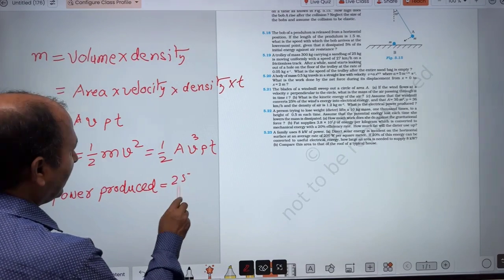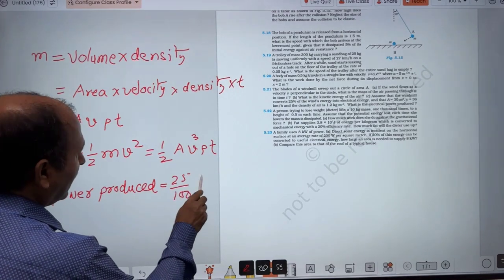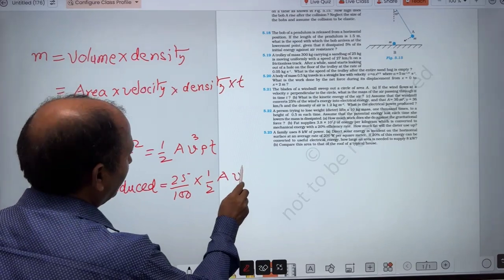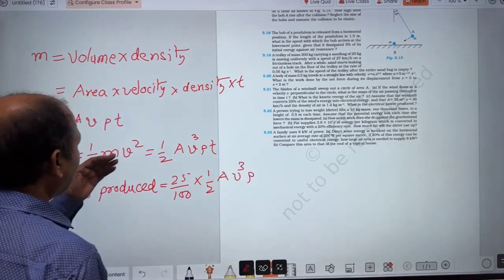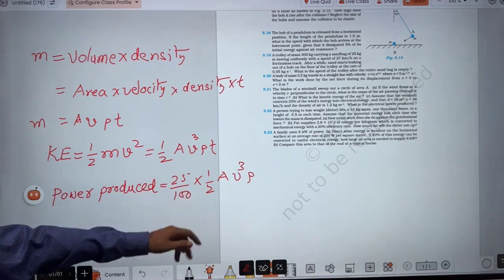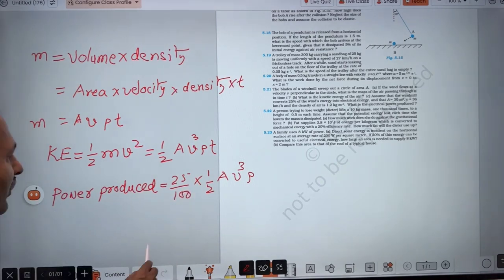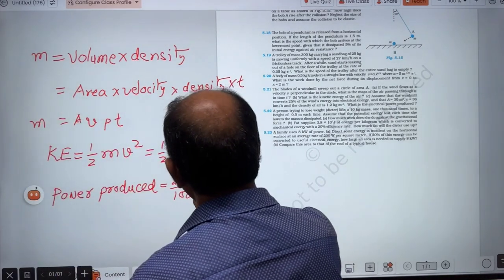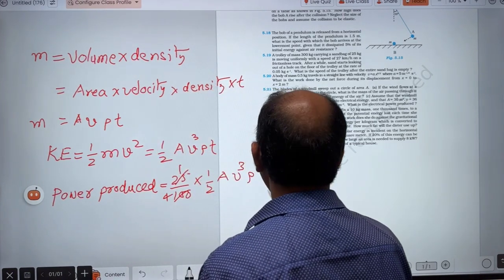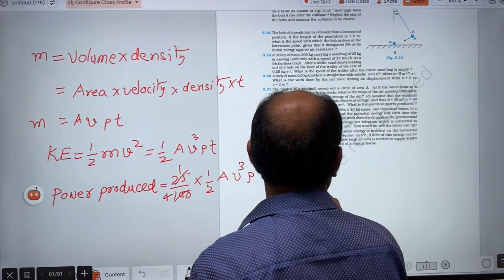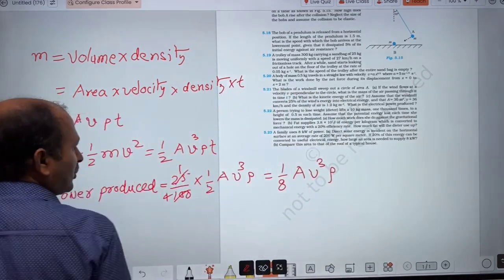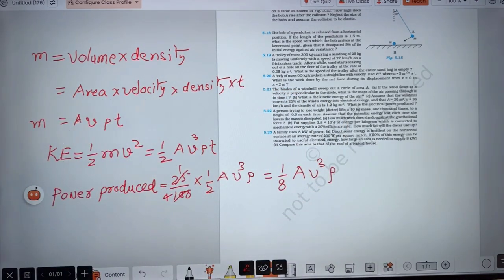So 25/100 of this 1/2 A v cube rho t, divided by time, because you need power. When you divide by time, this will convert into power. So you have got 1/4 times 1/2, so 1/8 of A v cube into rho. Up to here, no doubt.